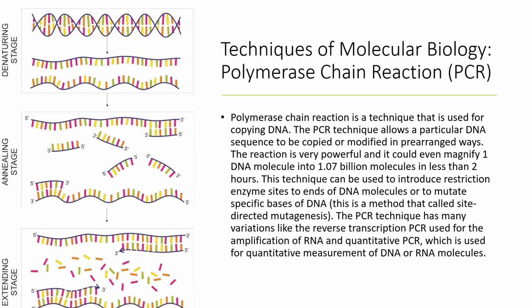This is a method that's called site-directed mutagenesis. The PCR technique has many variations, like the reverse transcription PCR used for the amplification of RNA, and quantitative PCR, which is used for quantitative measurement of DNA or RNA molecules.